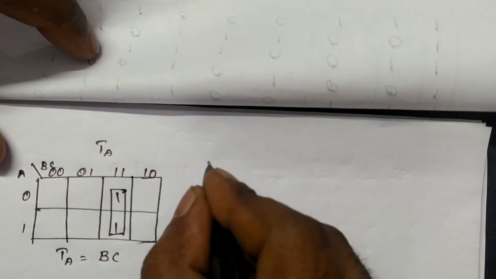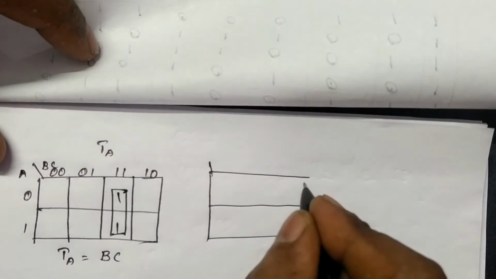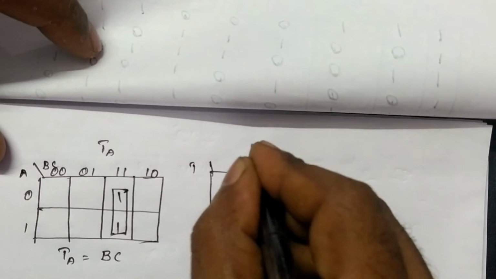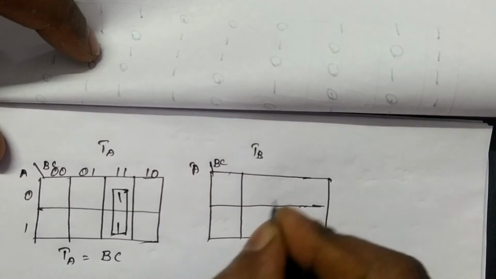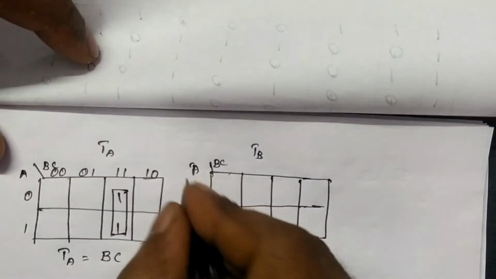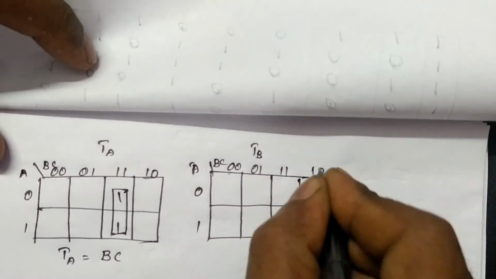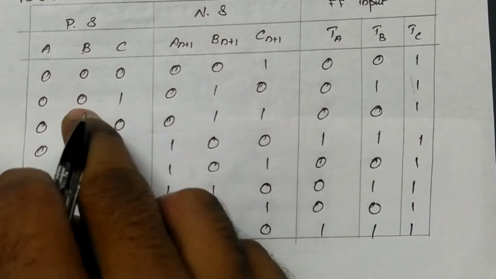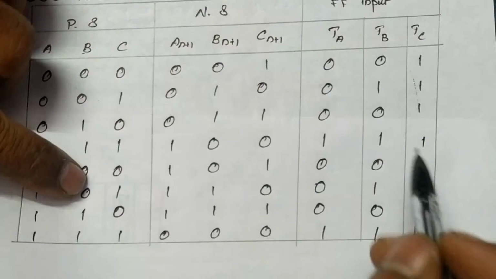Likewise, we need to go for the second one. TB, here it's A, B, C, 0, 1, here 0, 0, 0, 1, 1, 1, 1, 0. So for TB, here we are having 1, respective input is 0, 0, 1. The next one, here we are having 1, respective input is 0, 1, 1.